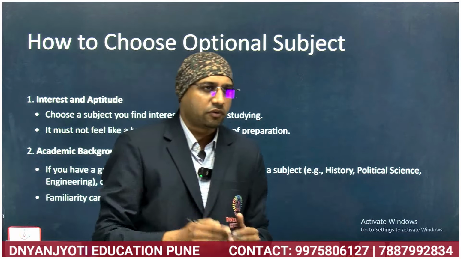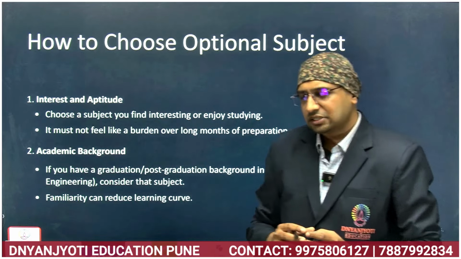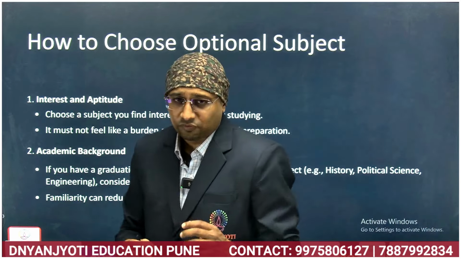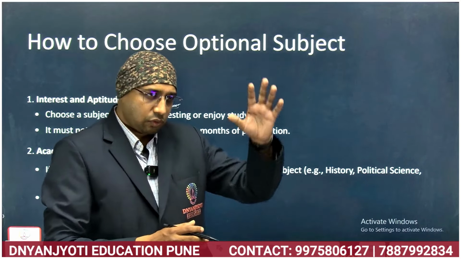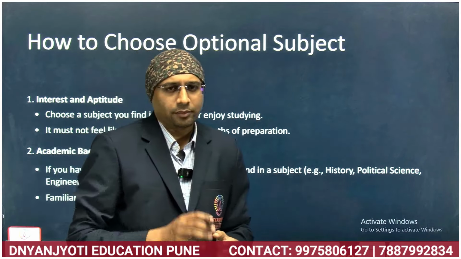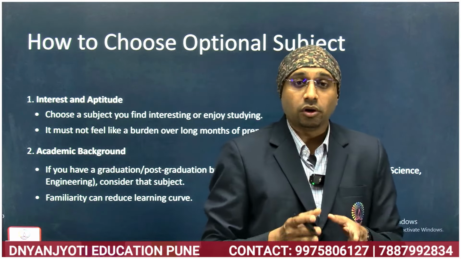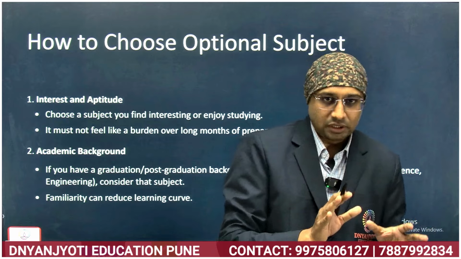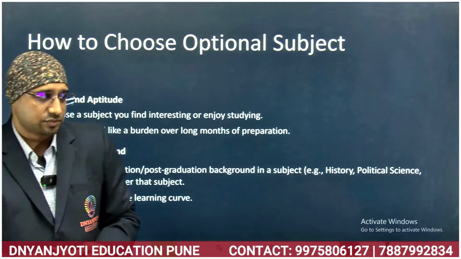I mean optional paper 1 and paper 2, 250 each. So if you check the total marks in the mains examination, you will find that it is almost one third of the overall mains examination marks.